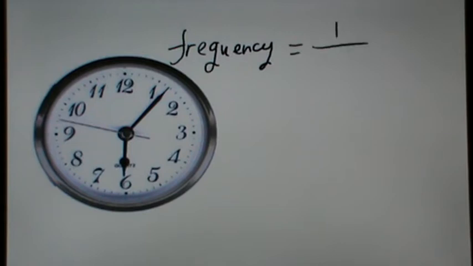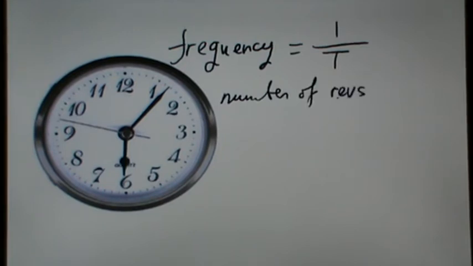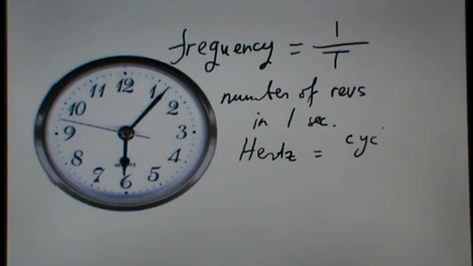Related to the period, there is also frequency of the circular motion, and it's 1 over the period. Or we can simply say that frequency is the number of the revolutions in every second. The unit here of the frequency is hertz, or we can also say cycle per second.